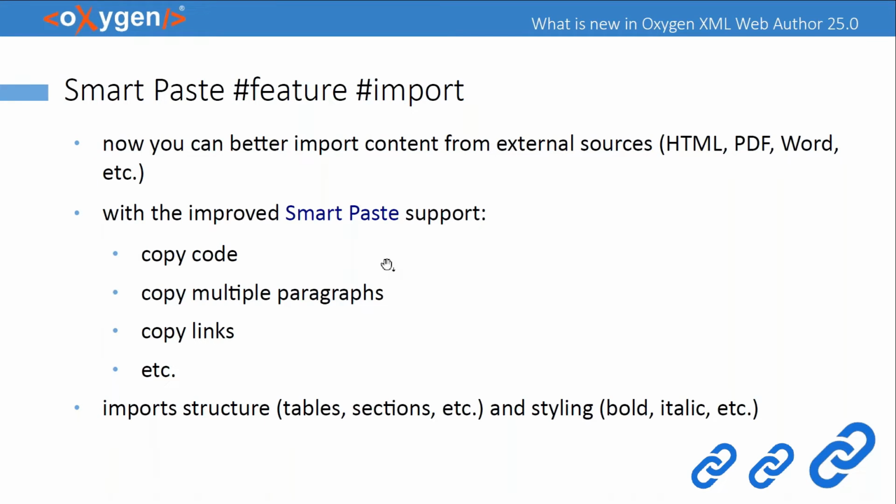Now I want to show the Smart Paste feature, or the improved Smart Paste feature. The Smart Paste support that is present in both Oxygen XML Editor and Oxygen XML Web Author allows users to import content by copy-paste from external sources like HTML pages, PDFs, or even Microsoft Word documents.